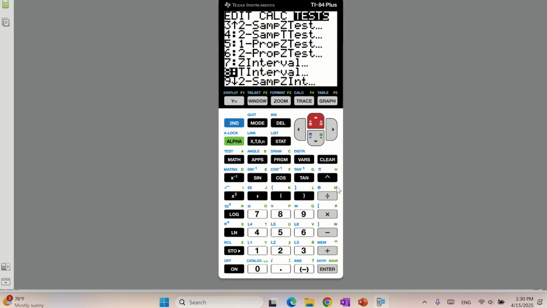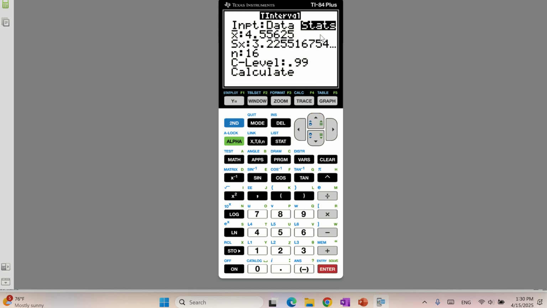There you go, t-interval. All right, so we're going to use stats, and then type in the stats that we got. So the X bar, I've got to look it up. I forgot what it was. They gave us, it was $332, and then the standard deviation was 108.